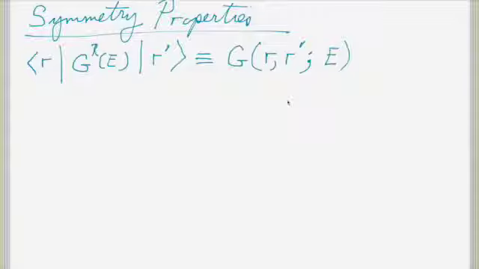And the way we make sense out of it is we use our eigenfunction expansion and just hit it with r and r prime on the left and the right.